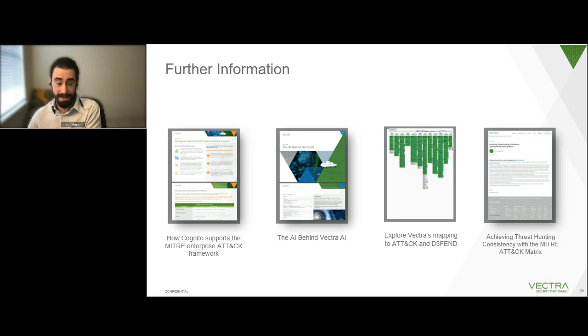The valid account technique means that anytime an account is used, that technique is technically there. But having a detection mechanism that says anytime an account is used doesn't help you.